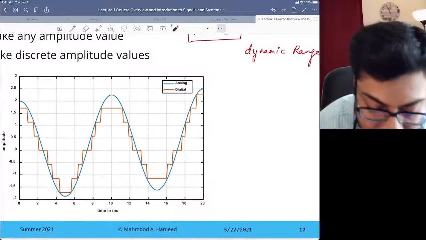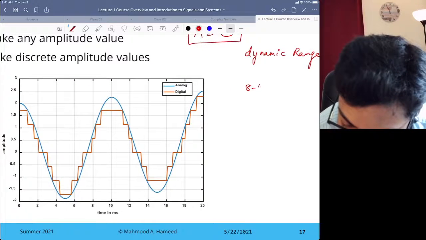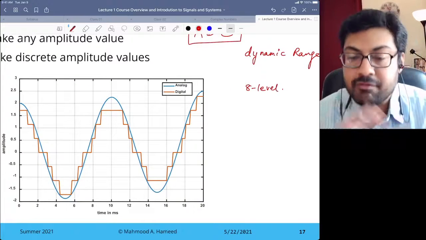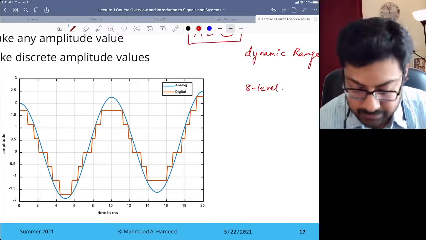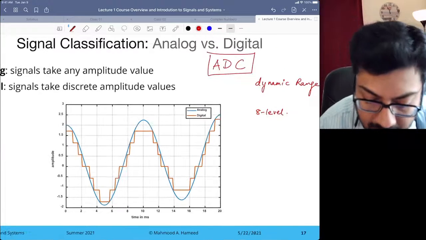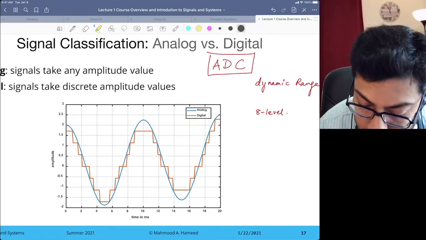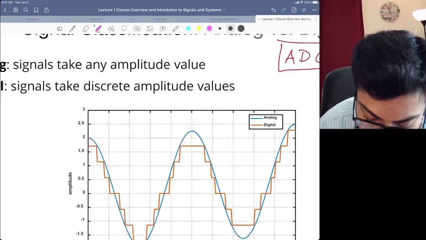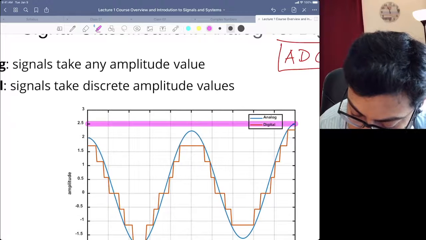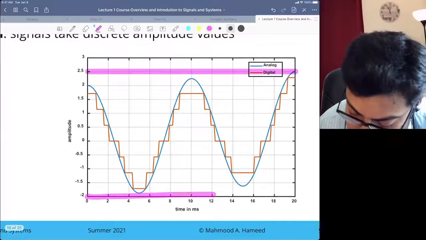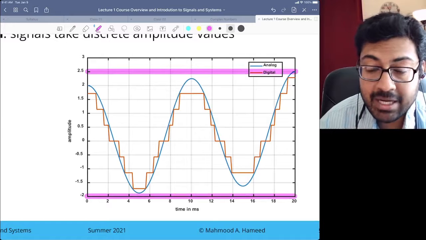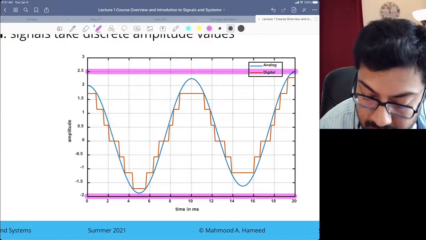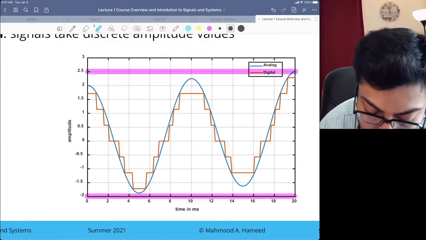So let us suppose that we have an 8 level uniform quantizer. What do you do then? Then you say, all right, that's your highest and that's your lowest. You're going to split it up into 8 levels equally because we are doing uniform.